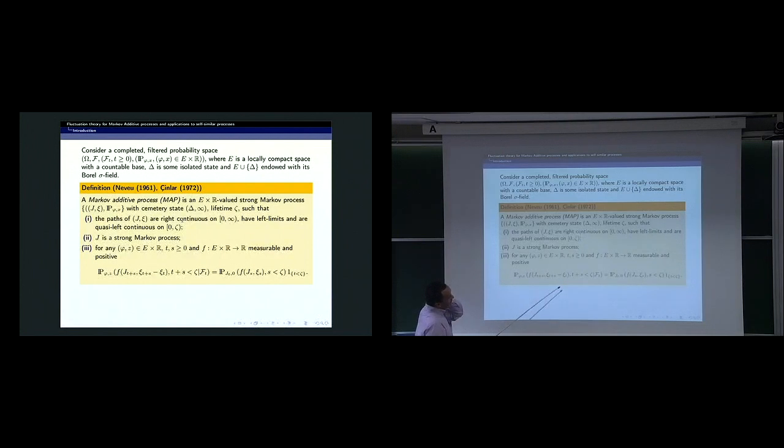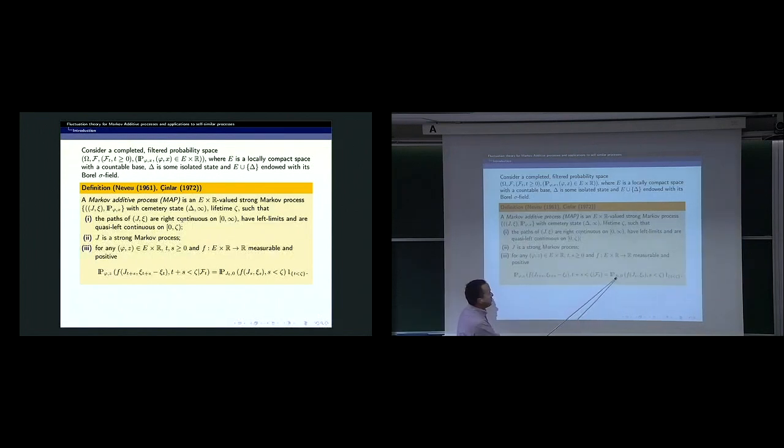And I will be assuming that the process J and psi has this property on the increments. If you remove this J from here, this is just the property that defines Lévy processes: the increment of the process in the interval t plus s, conditionally on F_t, has the same law as psi_s, and doesn't depend on the position of the process at time t.